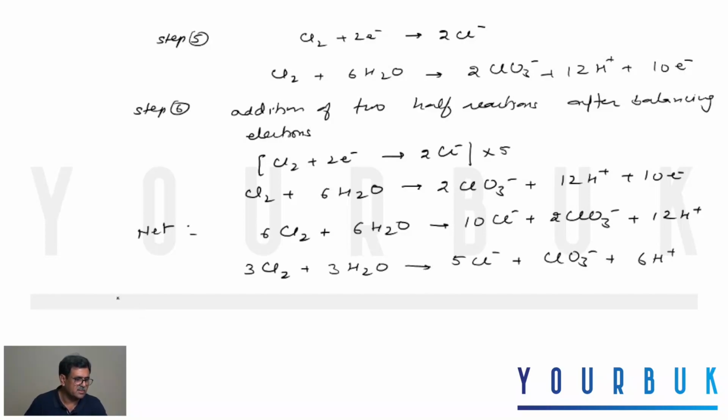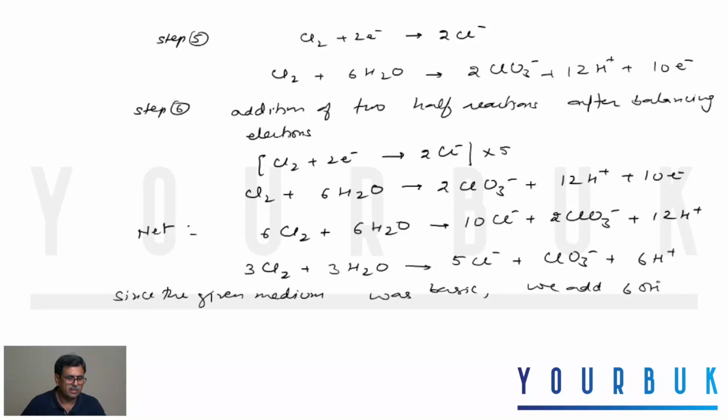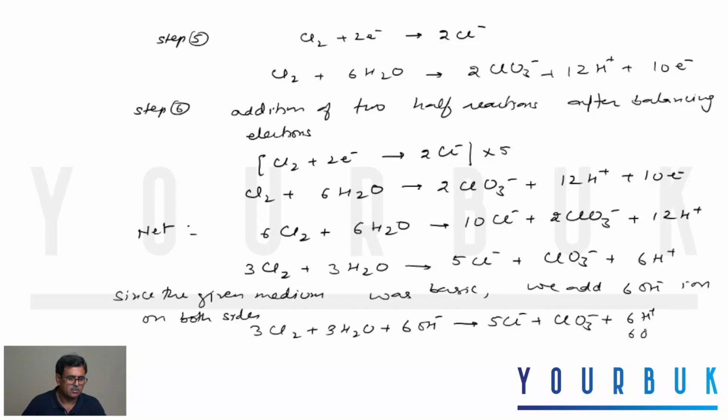Now since the given medium was basic, we add 6 OH negative ions on both sides. So we write 3Cl2 plus 3H2O plus 6 OH negative gives 5Cl negative plus ClO3 negative plus 6H positive plus 6 OH negative.